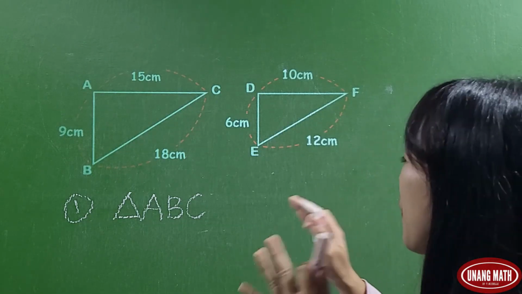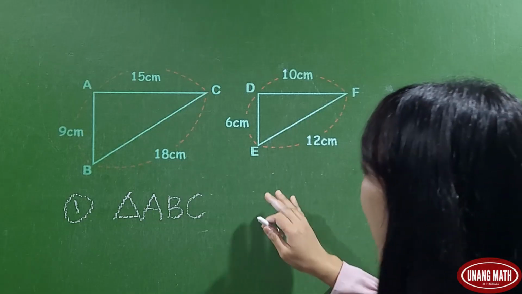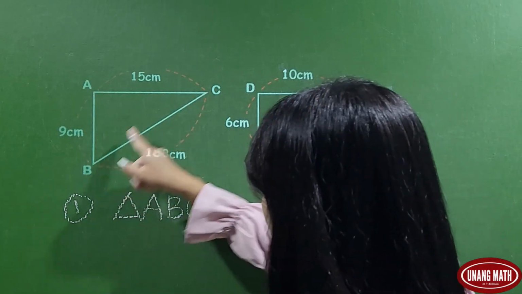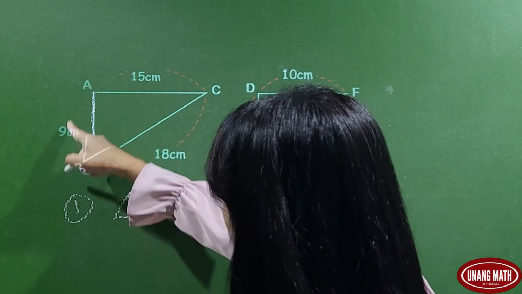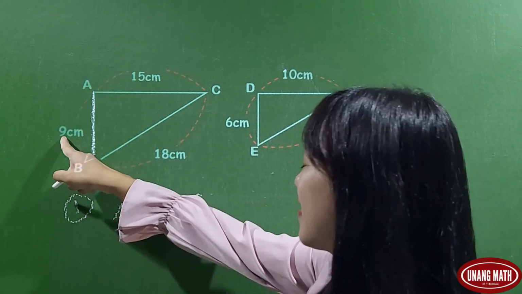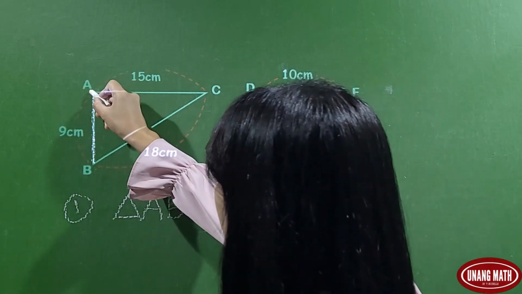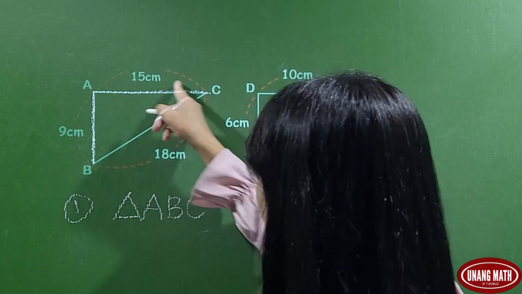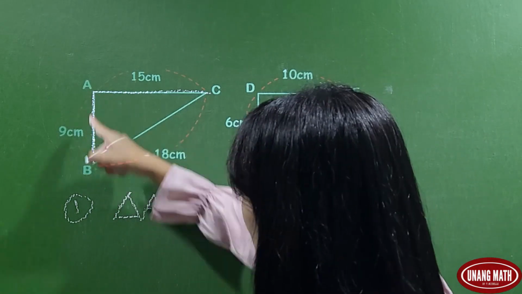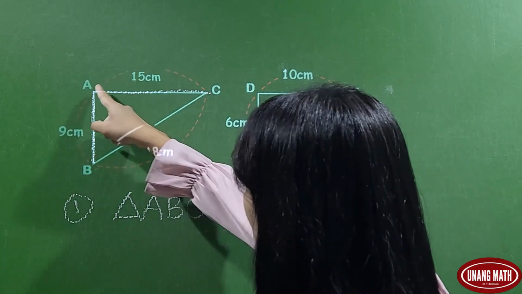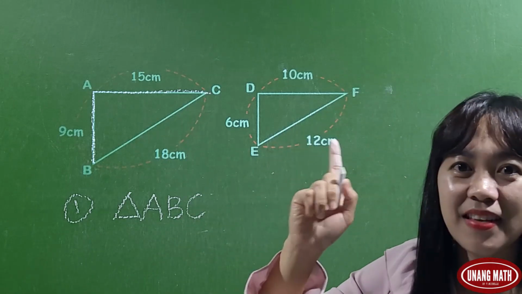If this is triangle ABC, this side AB is 9 centimeters, and this side AC is 15 centimeters. So it means side AB is shorter than side AC.